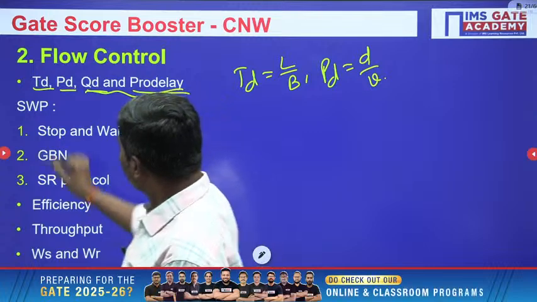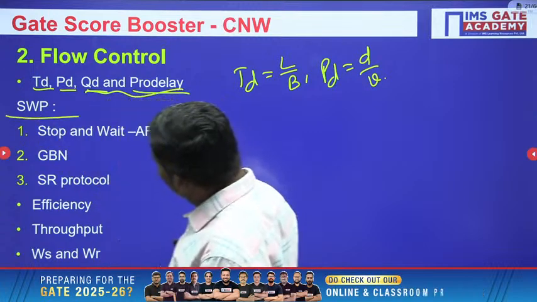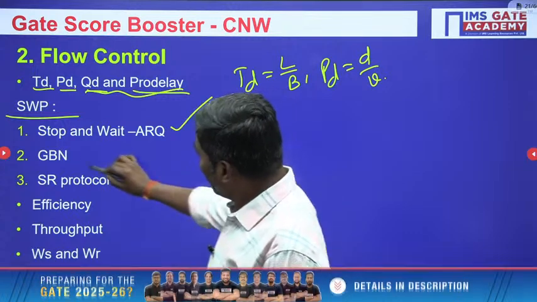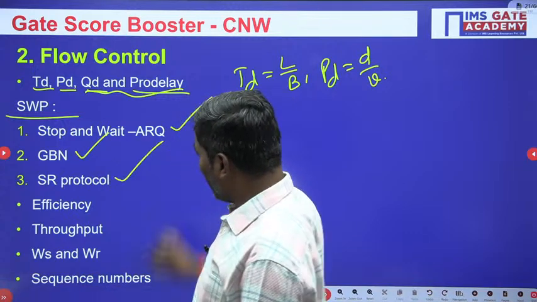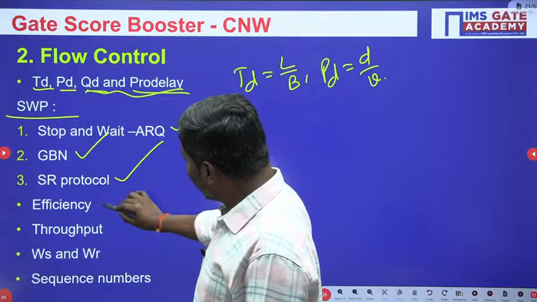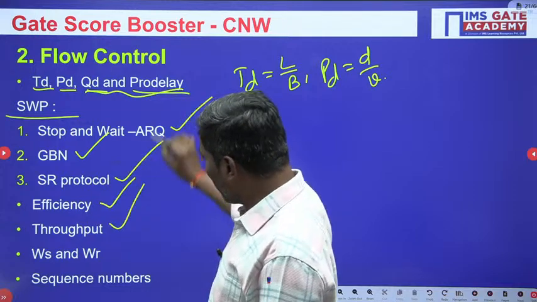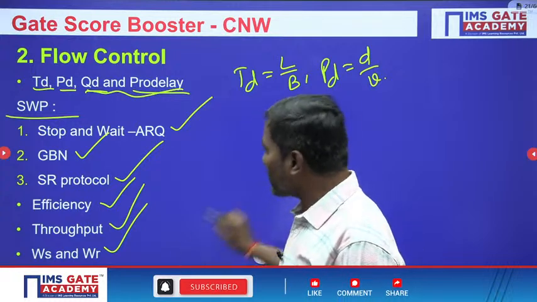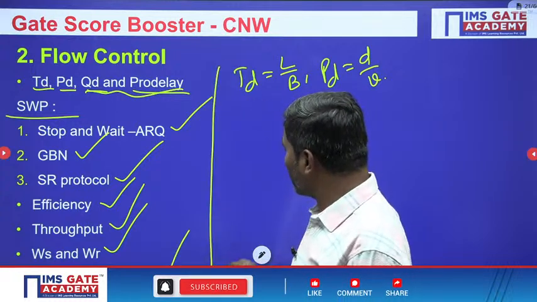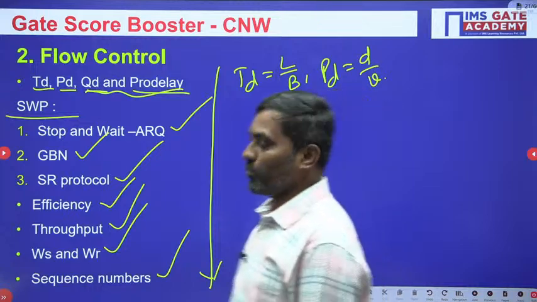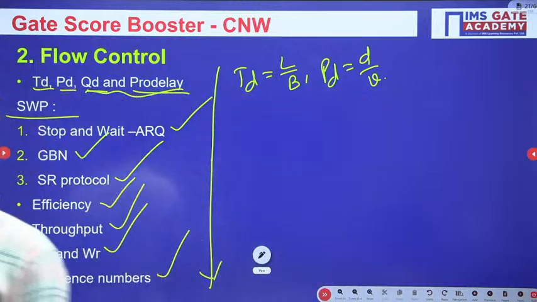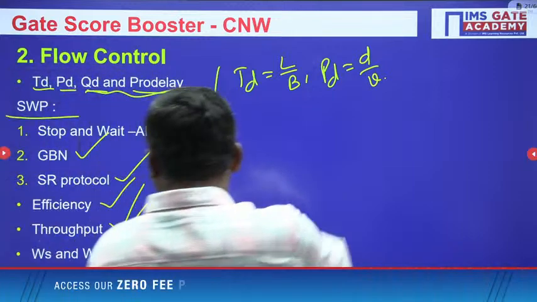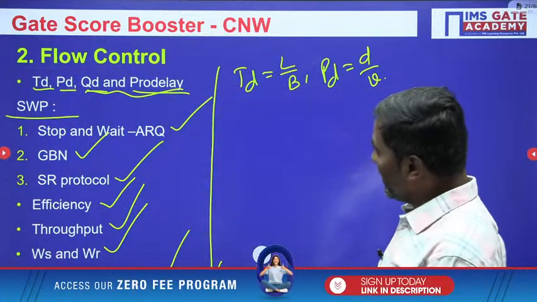Now you should be aware of the sliding window protocol: stop and wait ARQ, go back N and SR protocol. You should know the efficiency calculation for all, throughput calculation, sender window size, receiver window size, and sequence number calculation. These are the things to be observed from chapter number 2. Am I right, all of you? So we should have more clarity over all this.